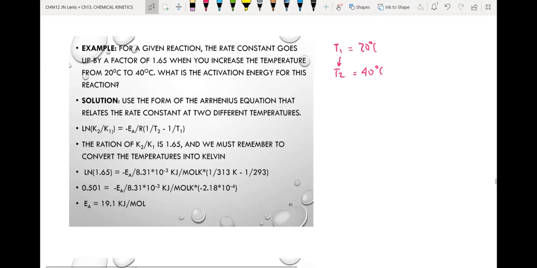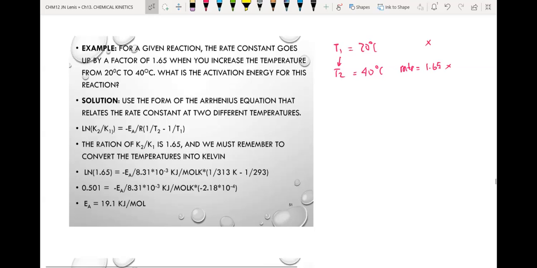And the rate constant was measured. It says that when it goes from this temperature to this temperature, the rate constant goes up by a factor of 1.65. But you can show this as a ratio too.